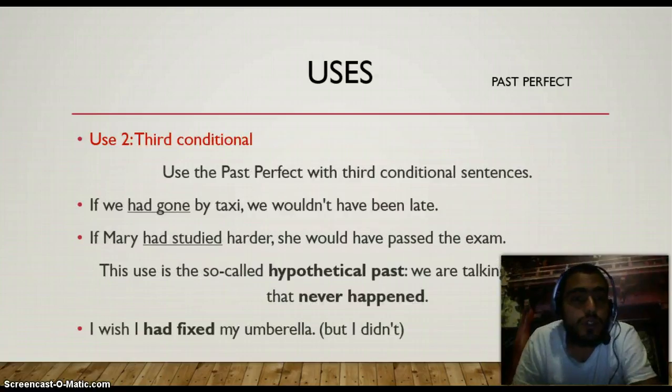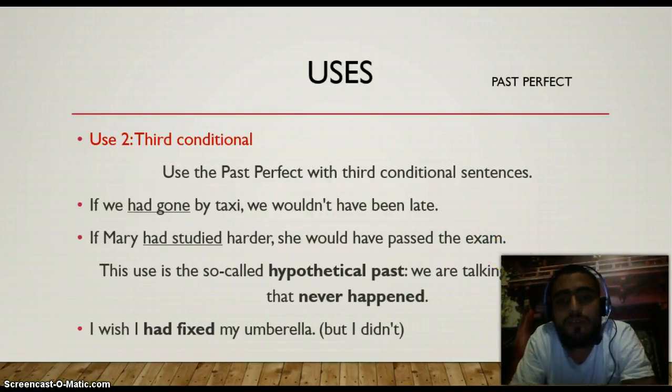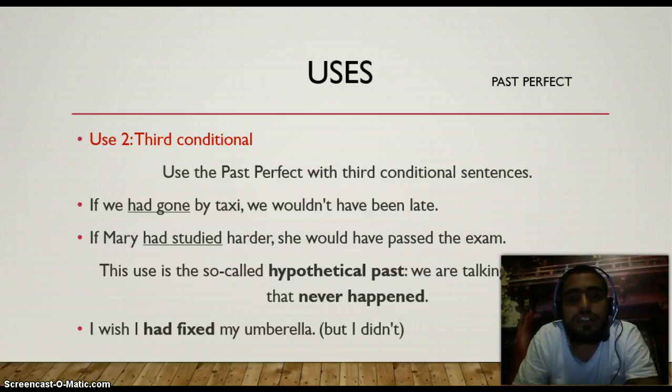Use number two is in conditional sentences. We use the past perfect with conditional sentences like, if we had gone by taxi, we wouldn't have been late. If Mary had studied harder, she would have passed the exam. It is like when you're regretting something, and it is hypothetical, you know.